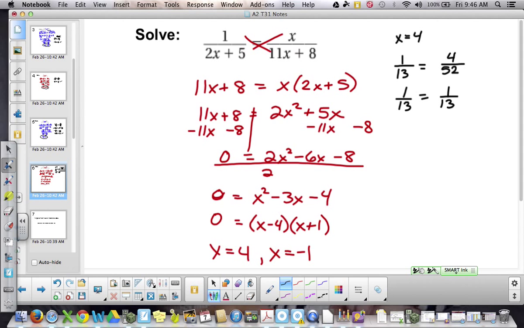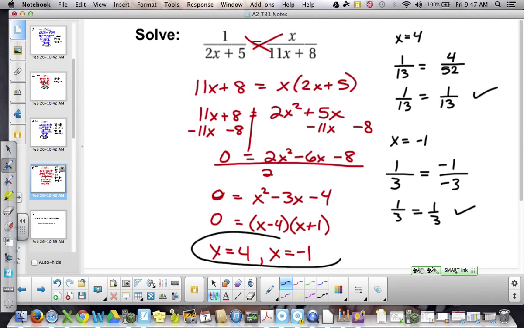So that checks out. If I check x equals negative 1, we've got 1 over 3 equal to negative 1 over negative 3. So that's 1/3 equal to 1/3. Right, so that checks out as well. So we do actually have 2 solutions that work.